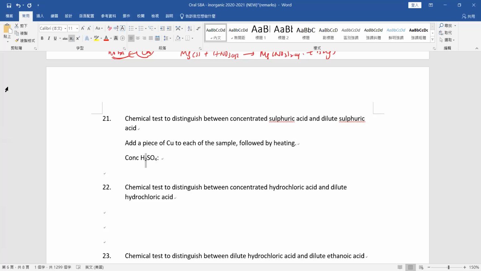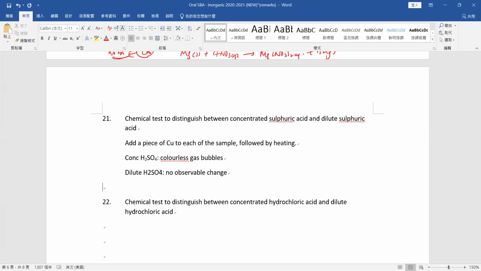Concentrated with some colorless gas bubbles, and dilute H2SO4, no observable change, right? Actually, when you heat it, have you done this experiment? And this is somewhat theoretical, right?